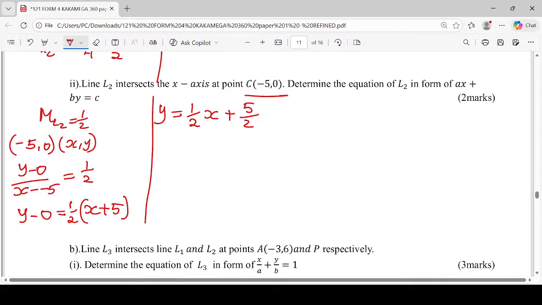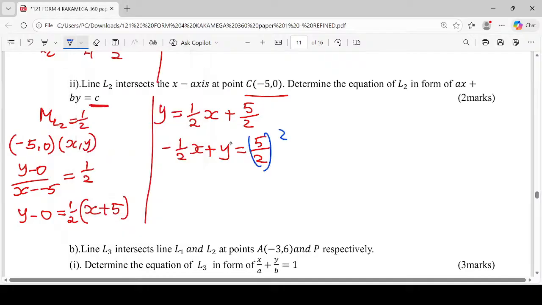Because they want it in the form ax plus by equals c, writing it in that manner, our ax will be negative a half x plus y equals 5 over 2. But this c should be a constant, and 5 over 2 is not an integer. We can remove the denominator by multiplying each part by the LCM, which is 2.